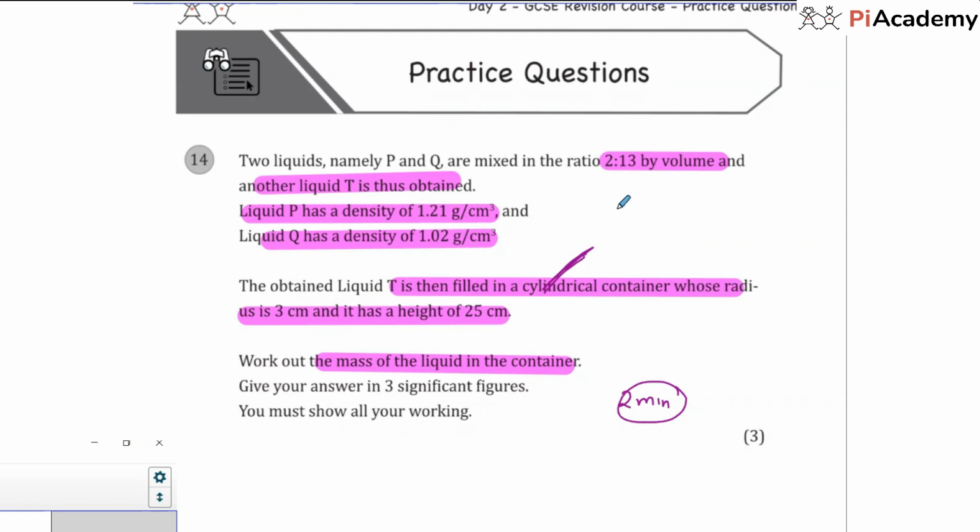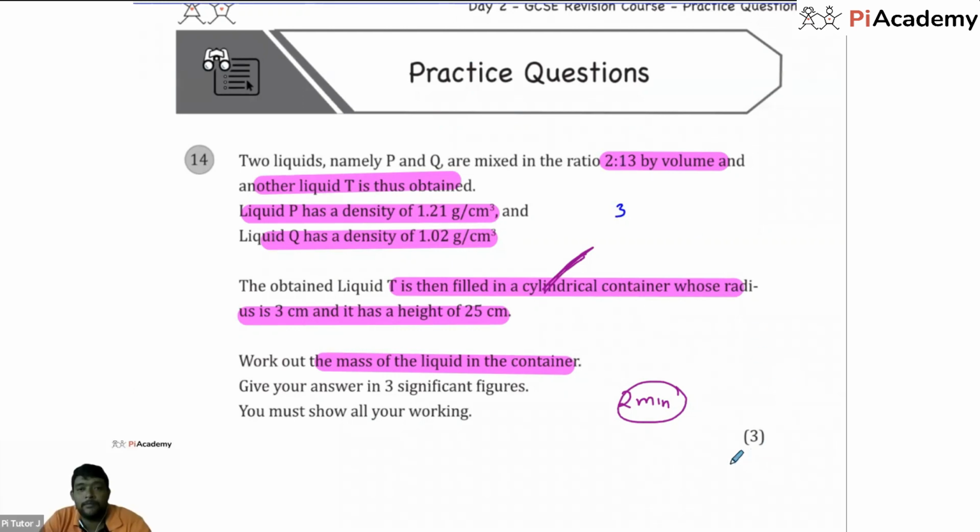It's 3 pi times 25, which is 75 pi. What is that? 3 pi r square h, I think it is. What is the volume of cylinder formula? So the volume of cylinder formula is pi r squared h.